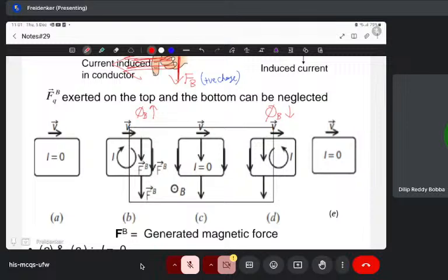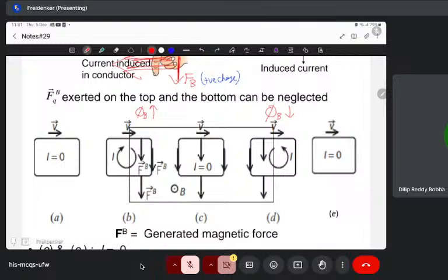So what you do is you take the thumb of your right hand and point it in the direction of the magnetic field. That would mean outside, right? So the magnetic field is out of the plane, so the thumb will point towards you. Okay, fine. So here magnetic flux is increasing, right?